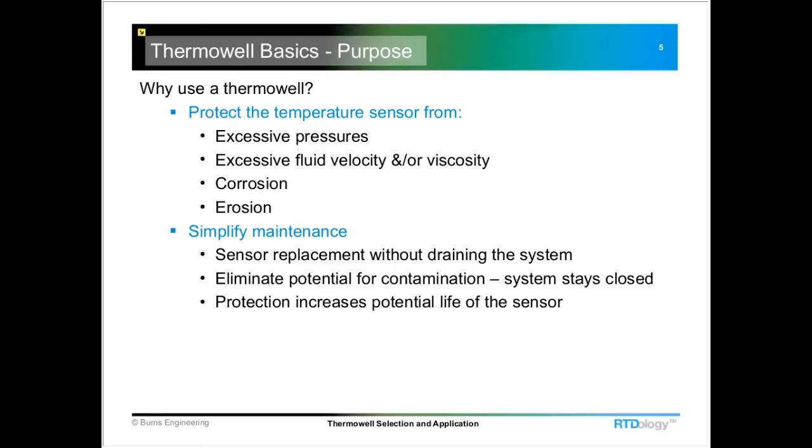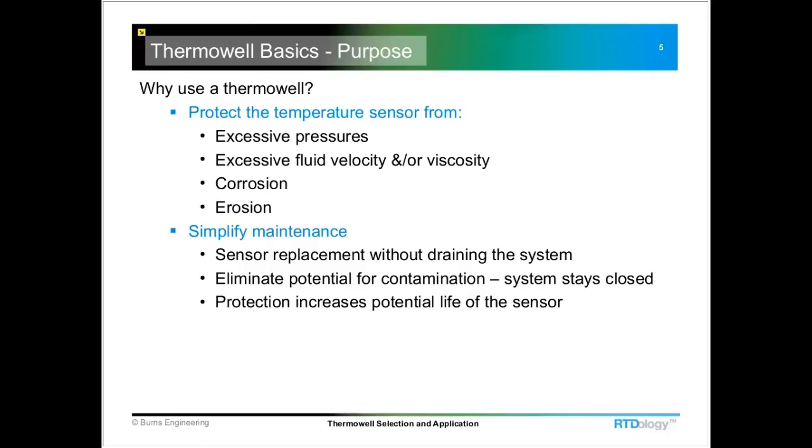So first off, why use a Thermowell? Temperature sensors are made to install directly into the process, but a lot of times they're not quite strong enough, or when you pull them out, it opens up the pipeline or the tank or whatever. And the addition of a Thermowell lets you change out that probe without having to drain your pipeline or tank.